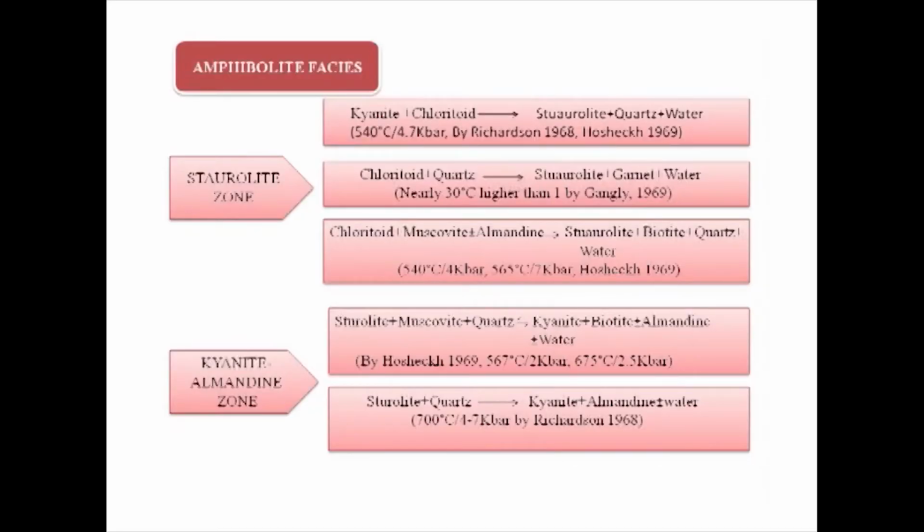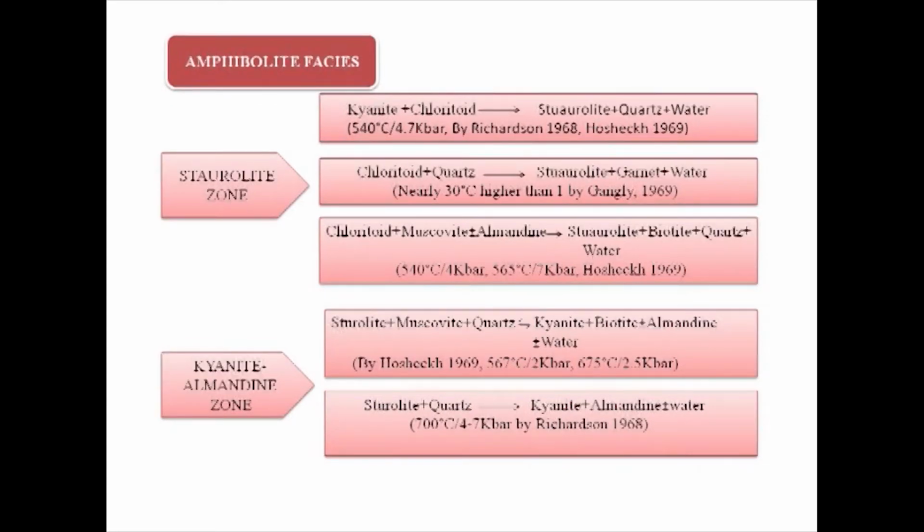The next reaction is chloritoid plus quartz give rise to staurolite plus garnet plus water, nearly 30 degree centigrade higher than the earlier reaction, by Ganguly in 1969. The next reaction is chloritoid plus muscovite plus or minus almandine give rise to staurolite plus biotite plus quartz plus water. The reaction was carried out by Hoschek 1969, Richardson 1968 at 540 degree centigrade 4 kilobar, 565 degree centigrade 7 kilobar.